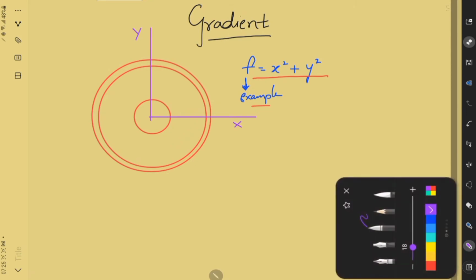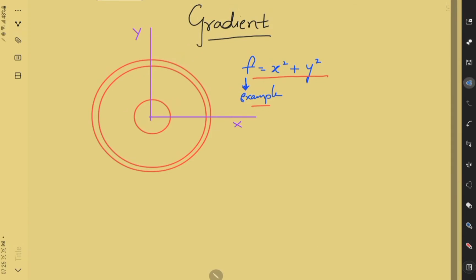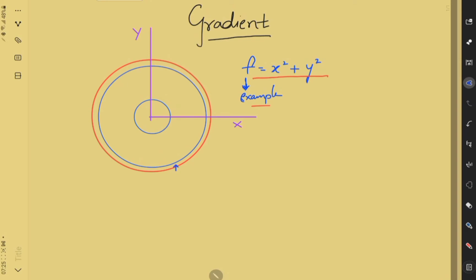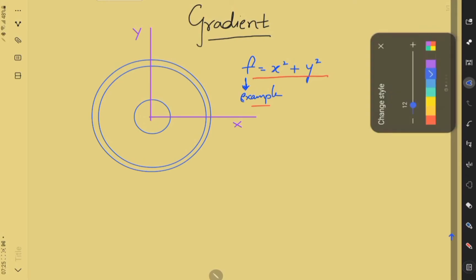Let me give these curves the color we have used for our function.